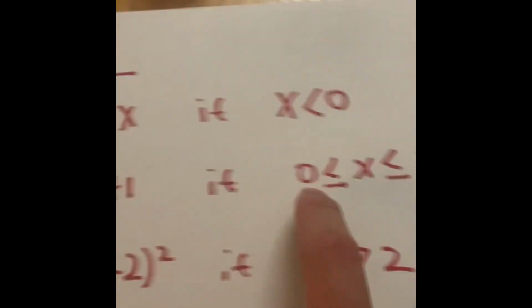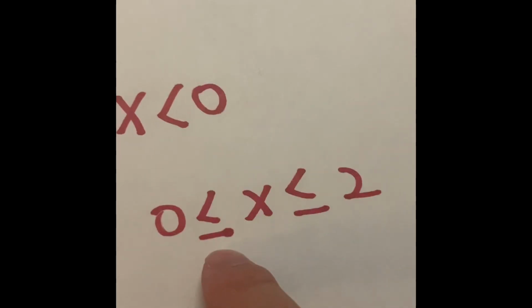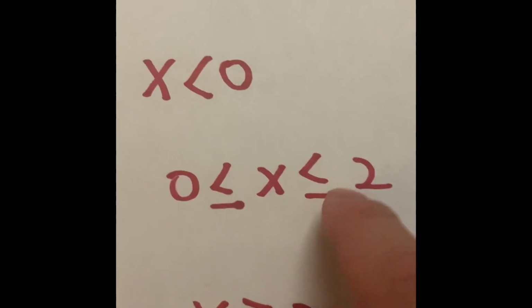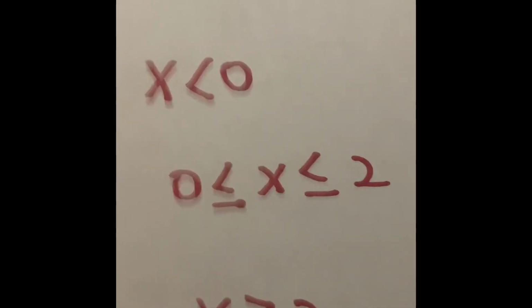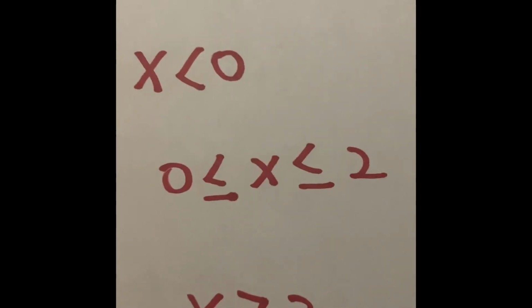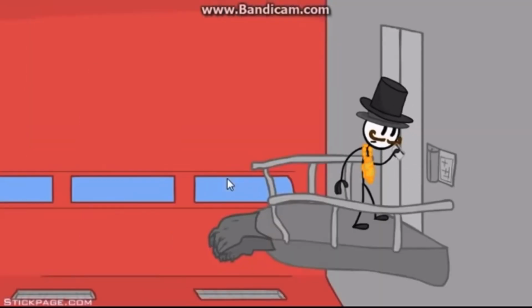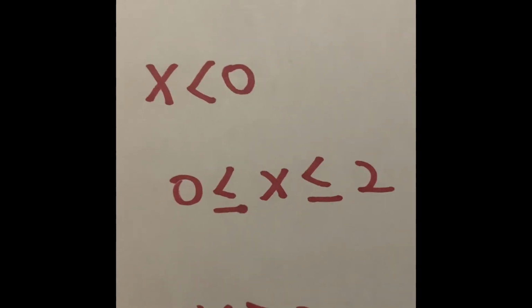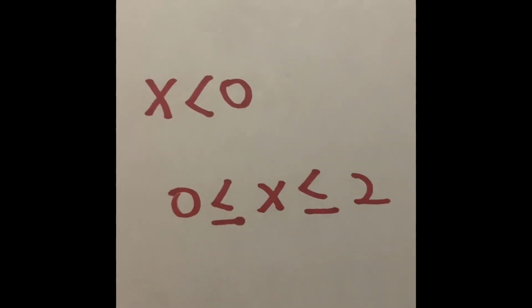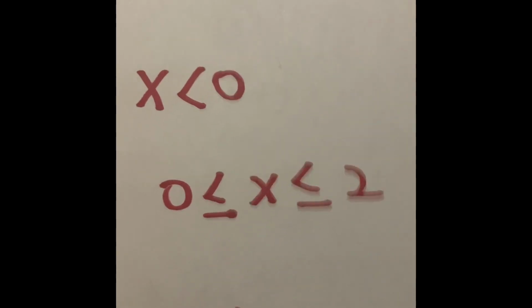x plus 1. Here is the decision. 0 is less than or equal to x, and x is less than or equal to 2. Is 2 greater than or equal to 0 and less than or equal to 2? Yeah, it definitely works. 2 is greater than or equal to 0, and 2 is less than or equal to 2.